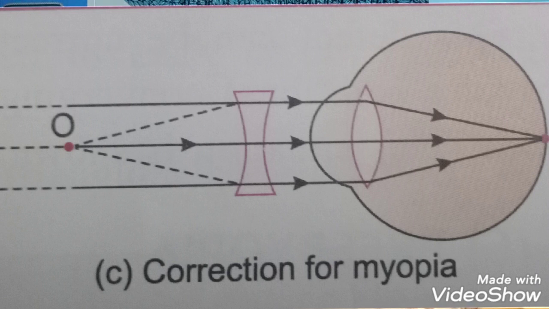The concave lens of suitable power diverges the parallel rays of light from a distant object. The rays appear to come from the far point of the myopic eye and finally converge on the retina by the eye lens.